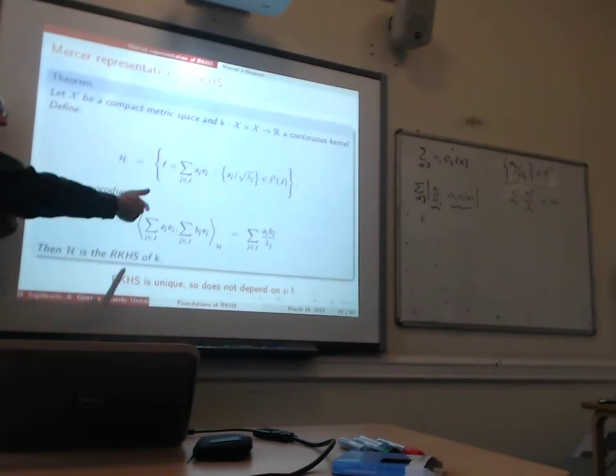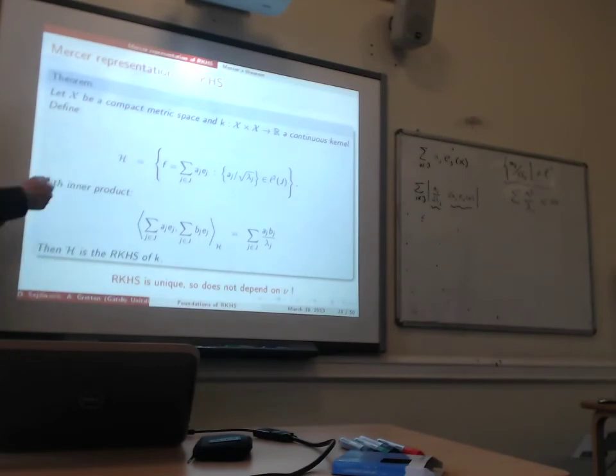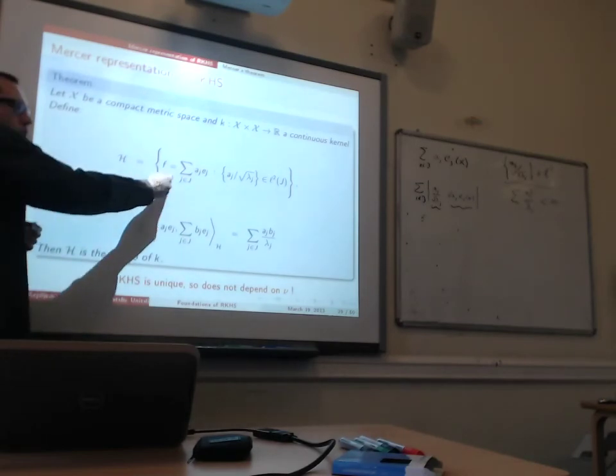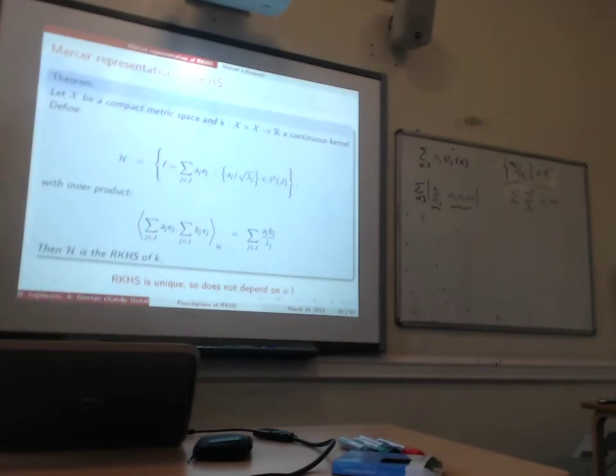But what we get at the end, this RKHS, is unique for a kernel, so it doesn't depend on the measure. I will just get a bunch of functions in this way, expanded in some orthonormal basis e_j. That basis depends on the underlying measure, but the function space that I get at the end does not. So that's a very, very powerful result.